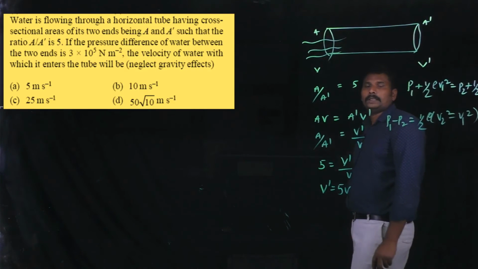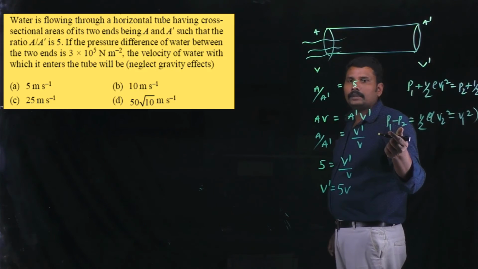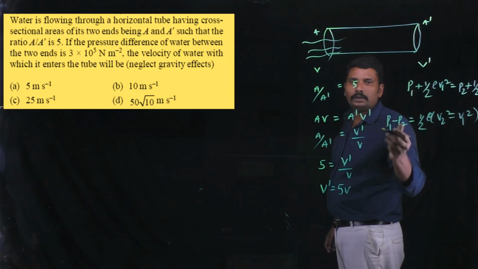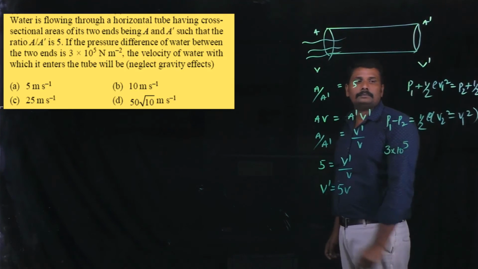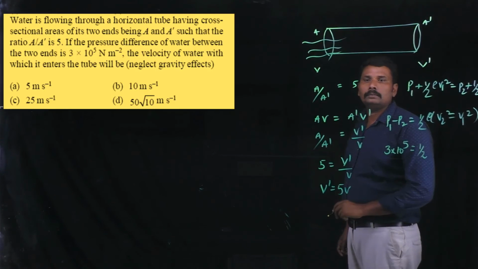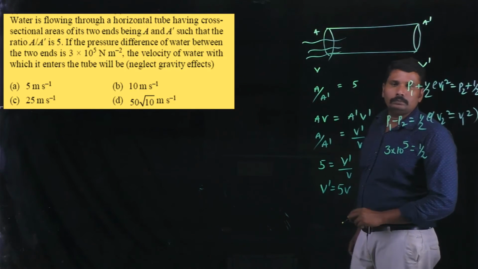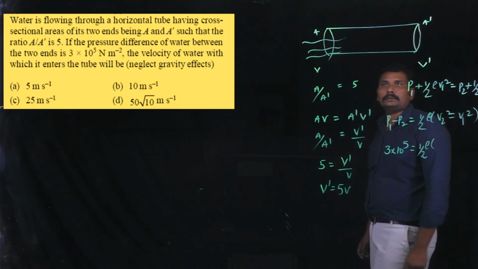The difference in pressure is given as 3 into 10 power 5. It is 3 into 10 power 5 equals 1 by 2 into rho into V2 square minus V1 square.